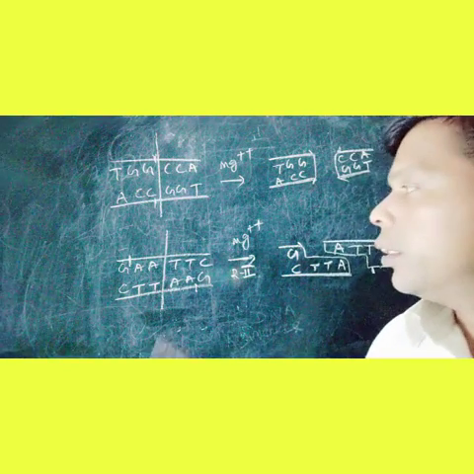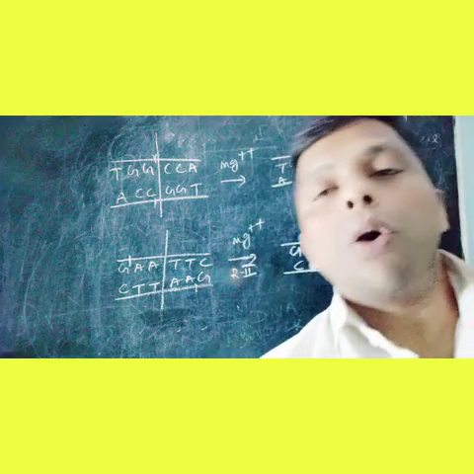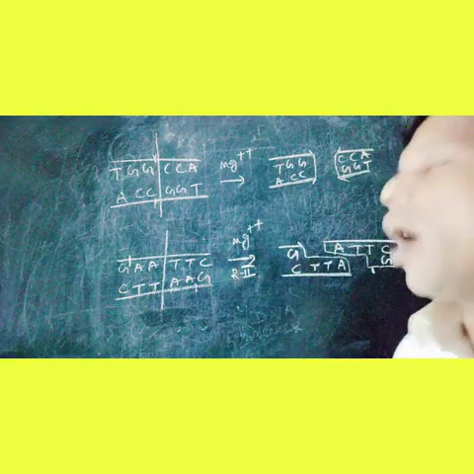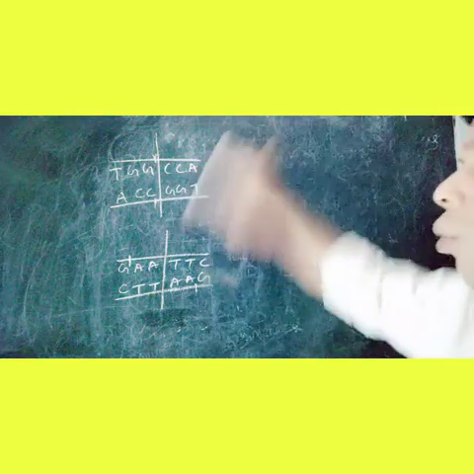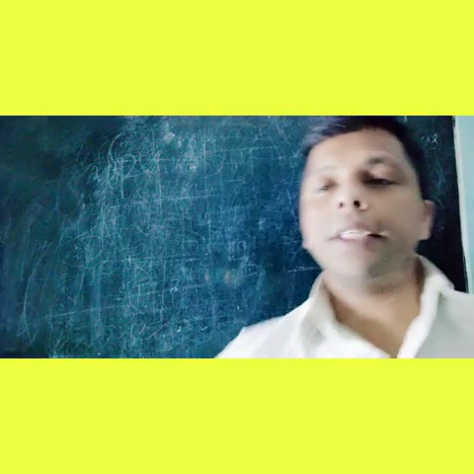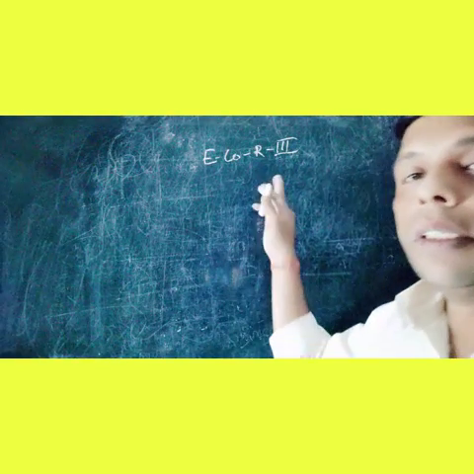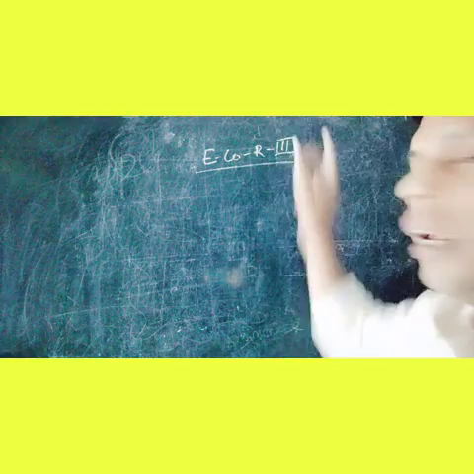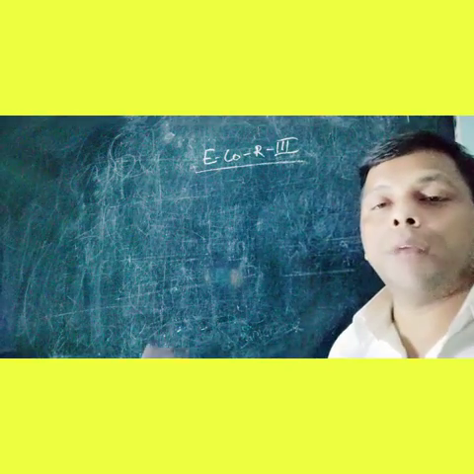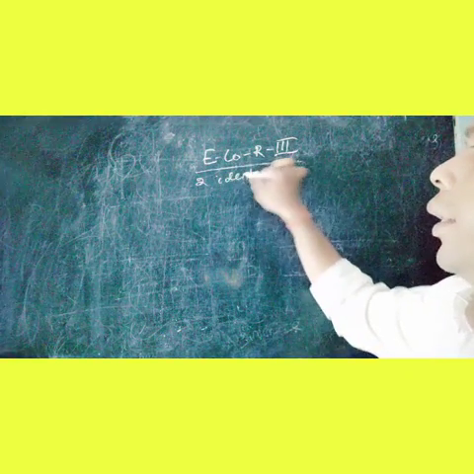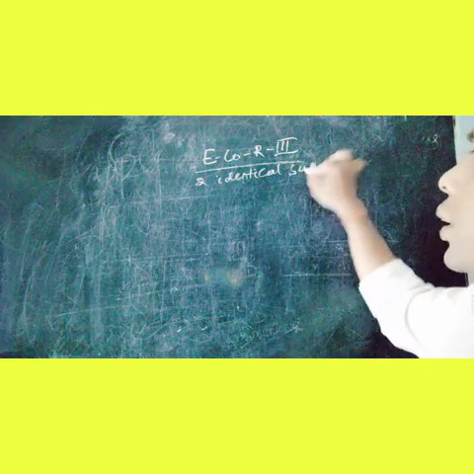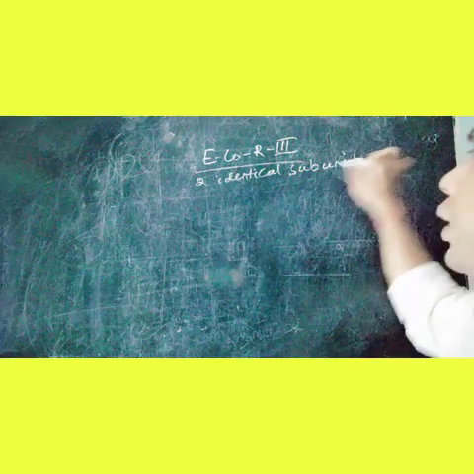That is all about EcoR2, the type 2 enzymes. Then next, EcoR3 enzymes. These are another group of enzymes formed of two identical subunits. But what is the difference?